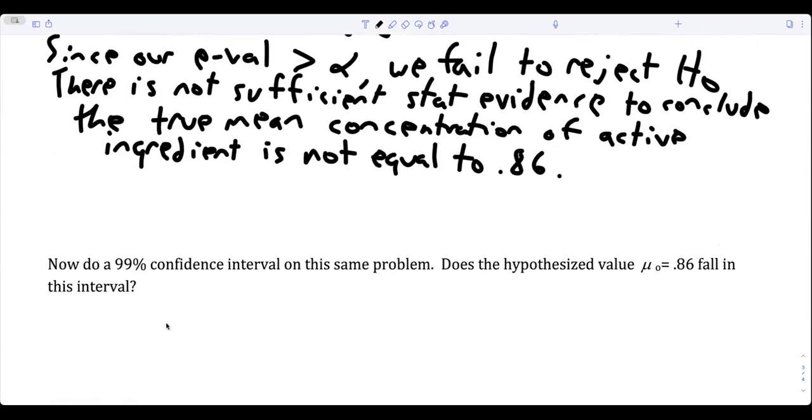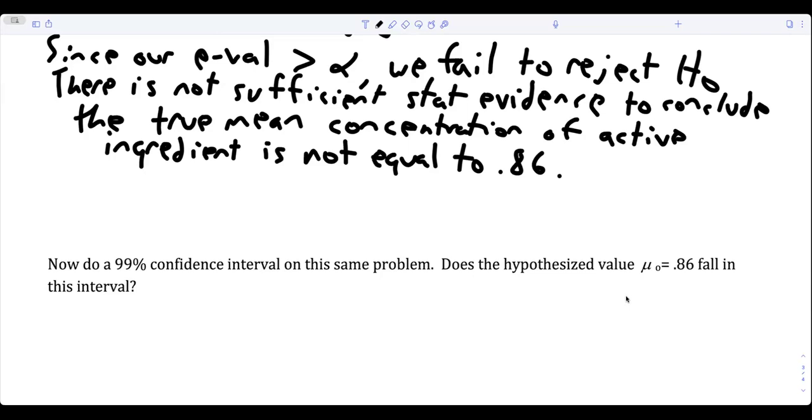Okay, now I'll do a 99% confidence interval. Does the hypothesized value fall in the interval? What's the answer to that? And how do you know? Well, did I reject H0 or fail to reject H0?